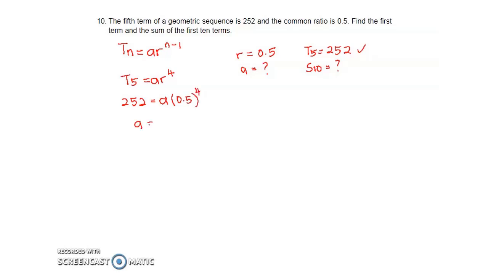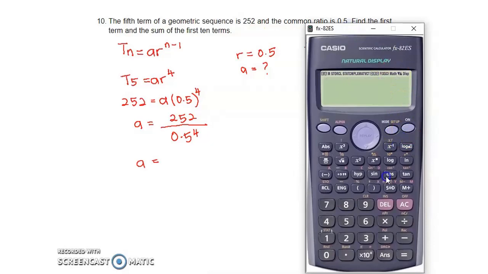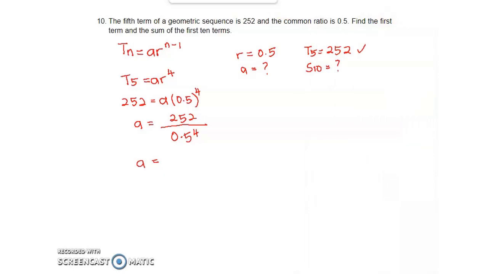So the first term A equals 252 divided by 0.5 to the power of 4. If we calculate this, we will get 4032. So the first term is 4032.